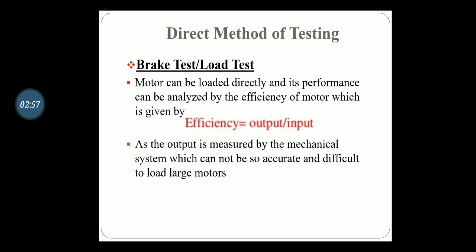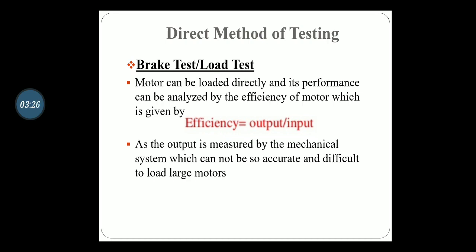Though this method is simple, it involves complication in the measurement of mechanical power input in the case of generator and output in case of a motor. If brake is to be applied to a series motor, the brake must be tight before the motor is started. Otherwise, the armature may get damaged and break into pieces.